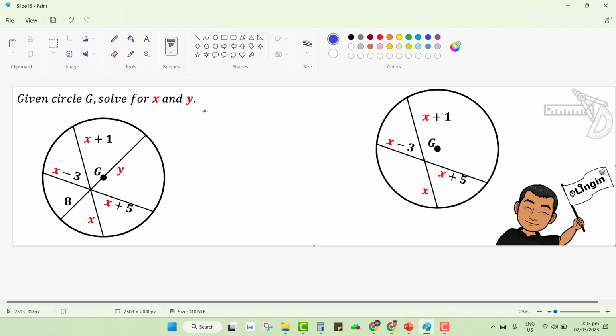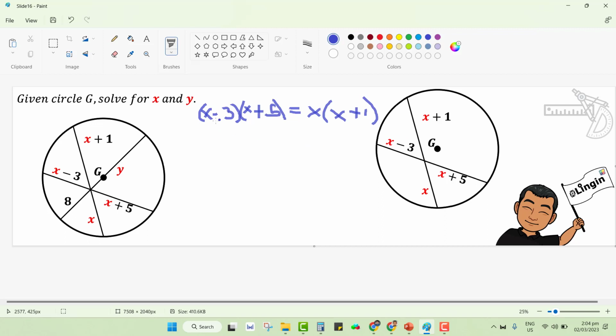That would mean we have here x minus 3 times x plus 5, the segments of this chord. The product must be equal to the product of x here and x plus 1. This is the chord-chord power theorem. And with this equation, we can solve the remaining unknown measurements.